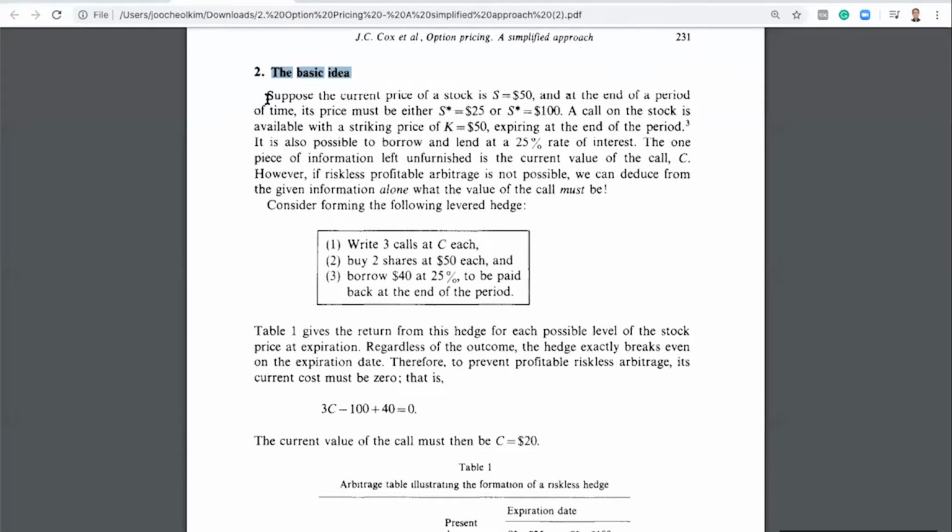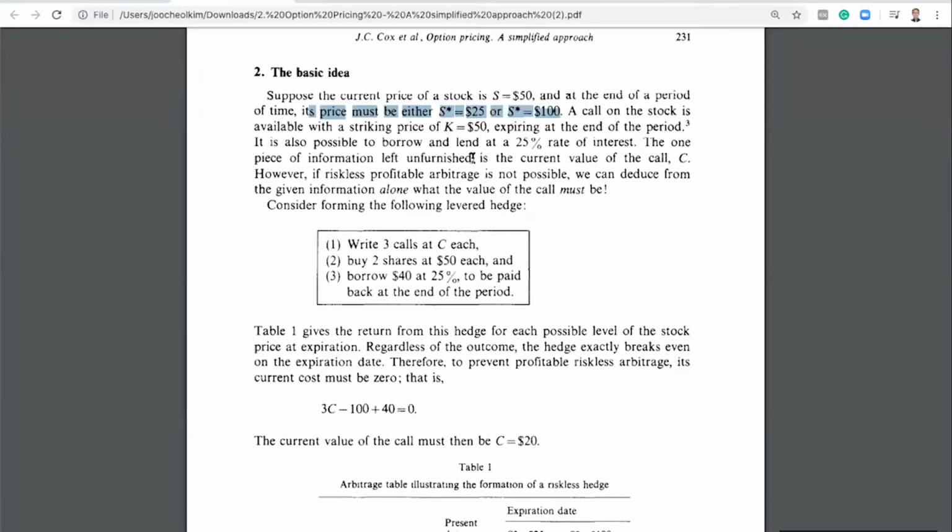So just think about the numbers in this section. Suppose the current price of a stock is $50, and at the end of a period of time, its price must be either $25 or $100.